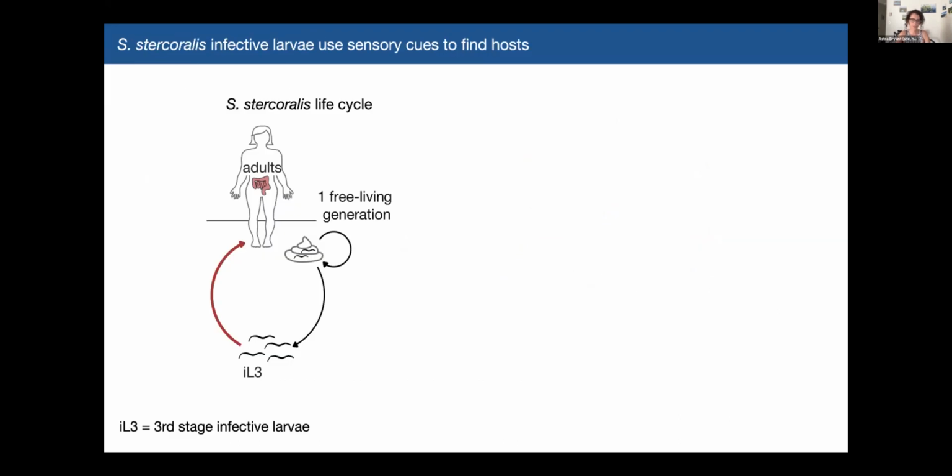Strongyloides stercoralis are infective exclusively during a soil-dwelling, developmentally arrested third larval stage that's very similar to the C. elegans dauer stage. We know that these IL-3s, which are 0.5 millimeter long, can respond to multiple host-emitted sensory cues, including heat. But when I started my postdoc, we didn't really understand the role that thermosensory cues played in driving host-seeking behaviors.